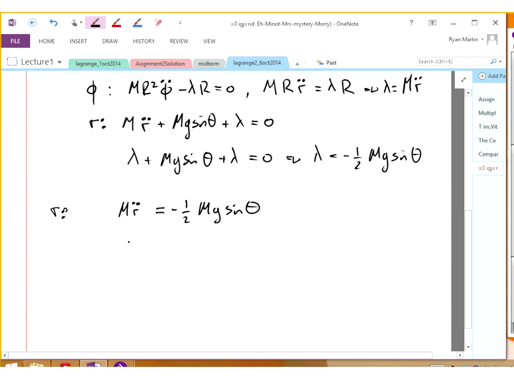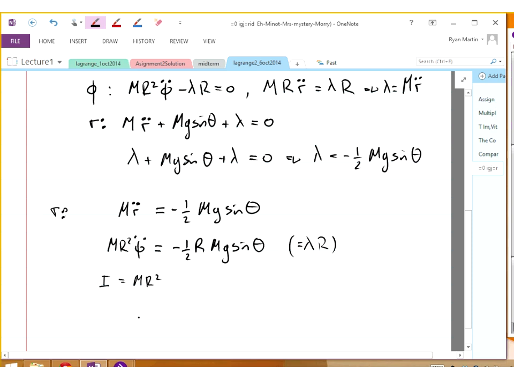And I can do the same for phi. In the phi equation, you get m r squared phi double dot. That's just going to be equal to lambda r, right? And so that's minus a half r times mg sine theta. So recall, the moment of inertia I is m r squared, right?